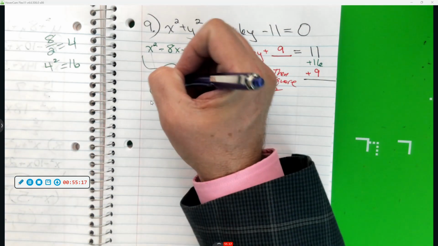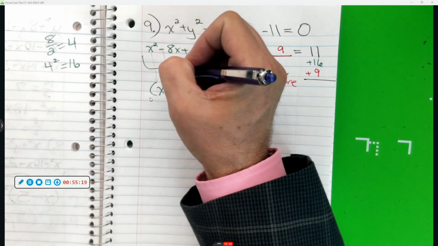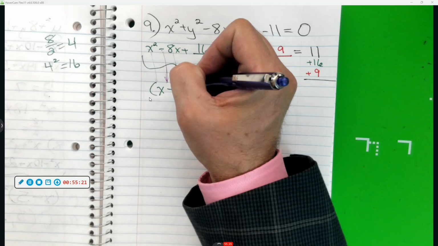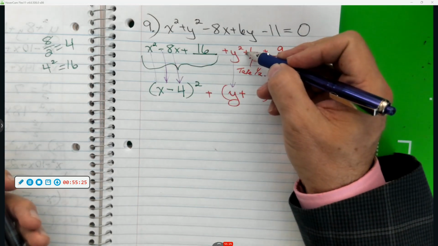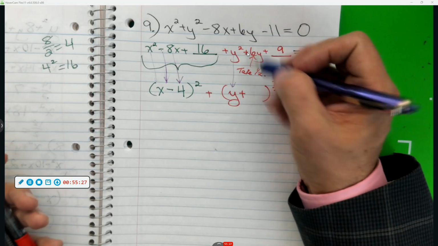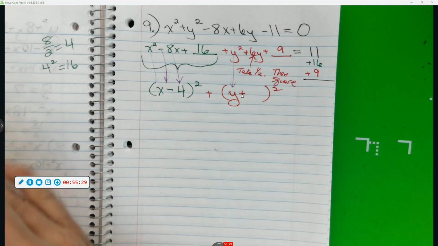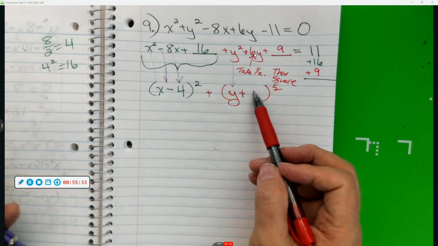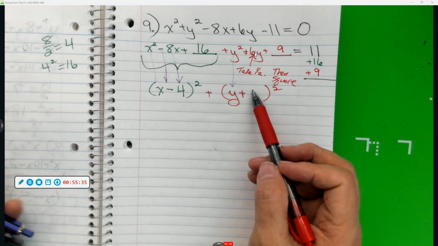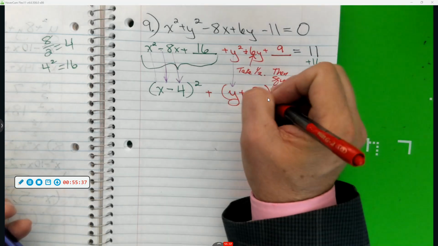Variable, sign, half of that number. So variable, sign, that first sign there after the y squared is a plus. And what number am I going to put here? 3, I agree.